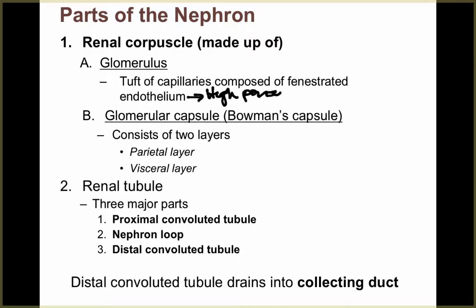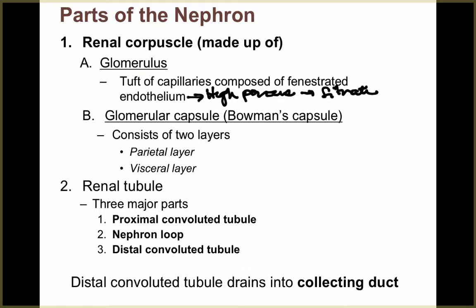So it has a lot of holes in it, right? And that makes it really good and efficient for making filtrate. So this is where you're going to have filtrate formation. Filtrate is just plasma-derived fluid that the renal tubules will process later to form urine.